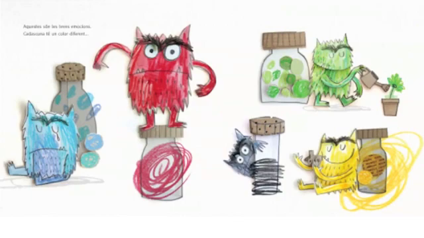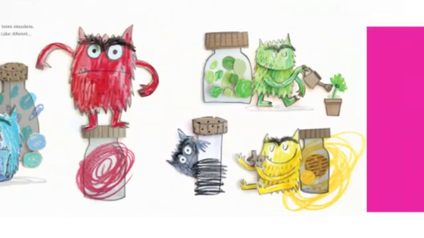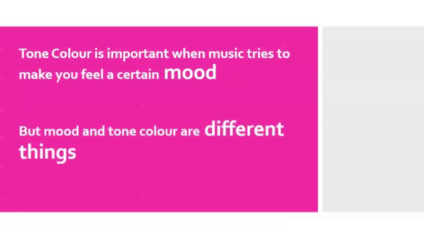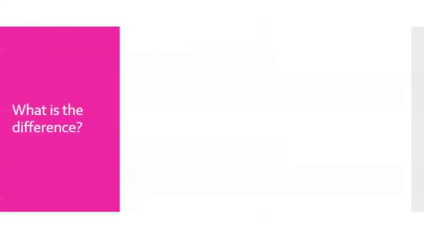Now, why did I talk about tone color and mood at the same time? Well, it's good to remember that tone color is important when music tries to make you feel a certain mood. However, we should also now remember that mood and tone color are very different things. It's very easy and common for students to get tone color and mood mixed up. Let's take a look at those differences now.